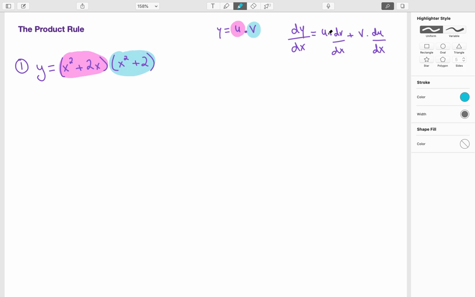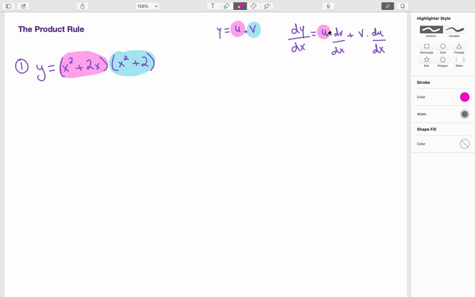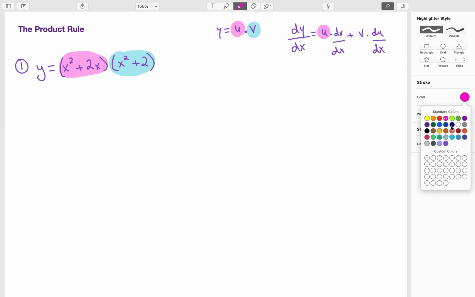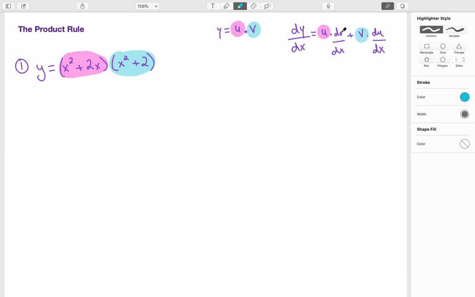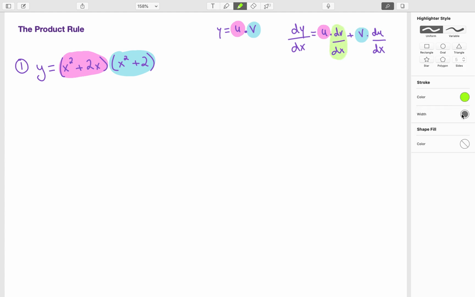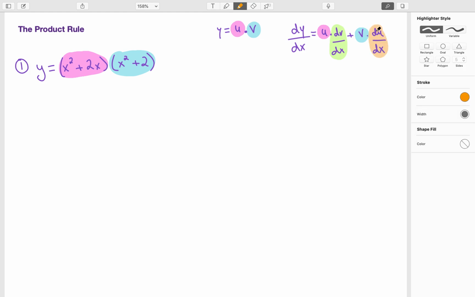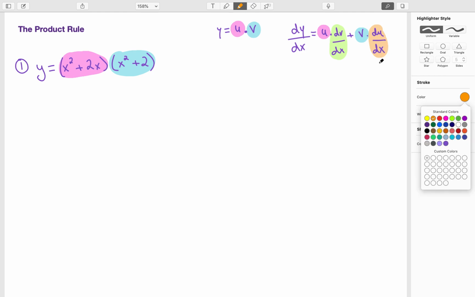That goes to u and v, which we know from our own equation, and dv dx and du dx. That notation means differentiate v or differentiate u with respect to x. So we'll have a look at what that means now.